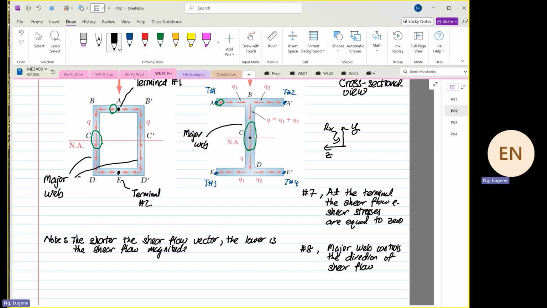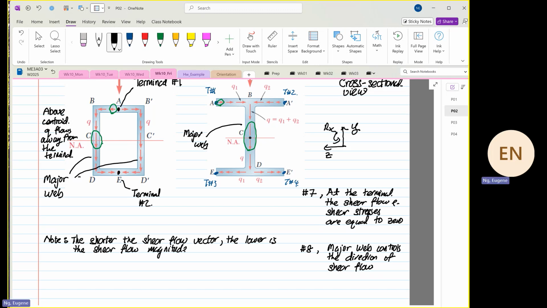Your major web. So when it's above the centroid, right? It's above the centroid, Q flows away from the what? From the terminal.